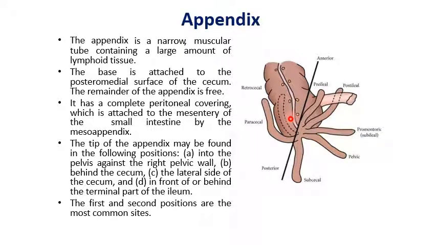Then it can be present at the lateral side of cecum. This is the paracecal position. Then it can be found in front of or behind the ileum. If it is found in front, then it is known as pre-ileal, and if it is found posterior to the ileum, then it is known as post-ileal.